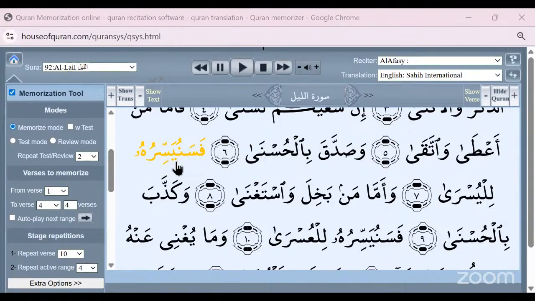Ummu, can you help us with this one? Fasa. No, that's not ba. Ba has dots at the bottom. Fasanu yassiruhu.